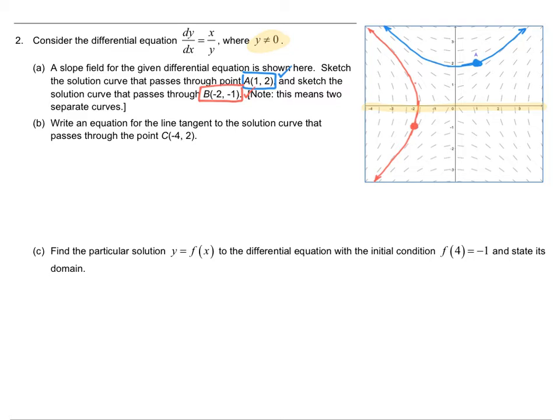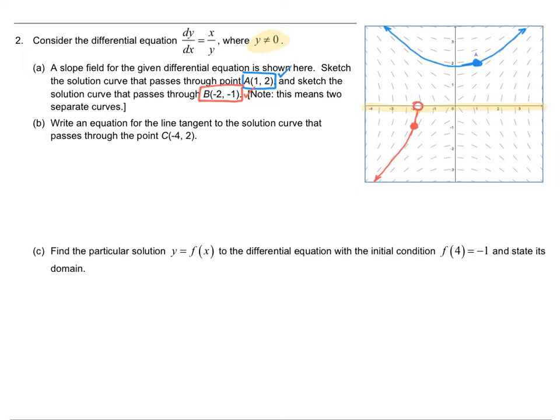So what I have to do to make this correct is erase this top half and make sure I show a discontinuity right there on the x-axis. So we're indicating that the solution can go all the way up to but not including values where y equals 0. Now that is correct.